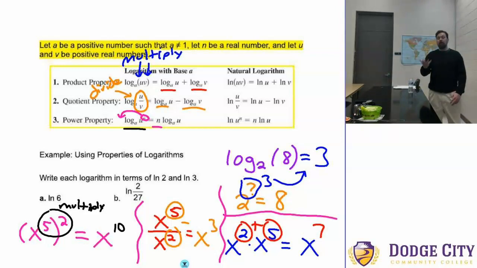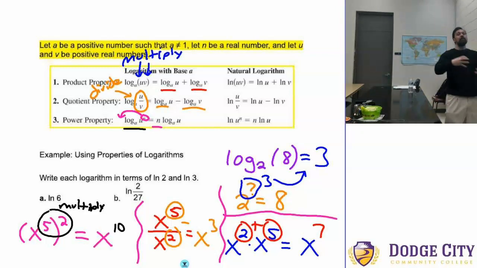So we have u to the power of n. So u itself has its own associated exponent. It's not written there, but there's an exponent that's associated with the u in terms of base a. And that's getting raised to the power of n. So we're putting another exponent on top of the exponent that's associated with the u. So what do you do in that case? You multiply n times that exponent that's associated with the u.